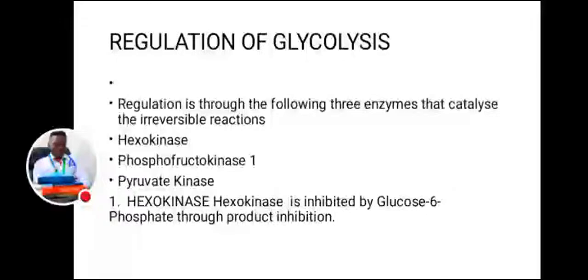So the enzymes that catalyze the three reactions are hexokinase, phosphofructokinase 1, and pyruvate kinase.